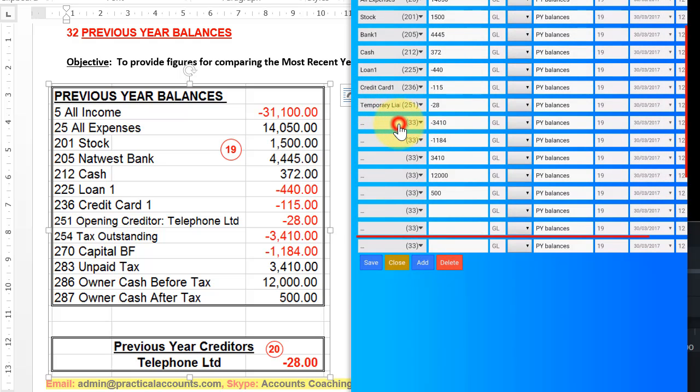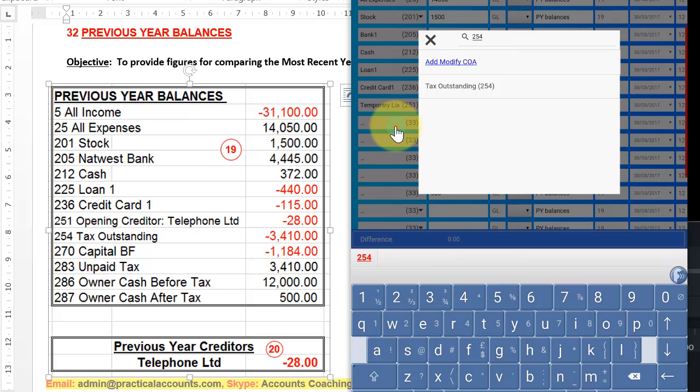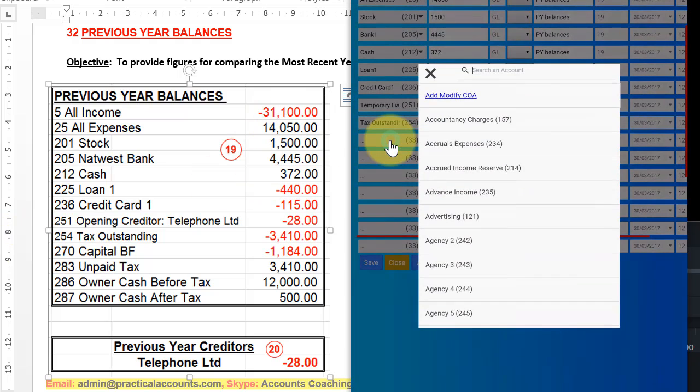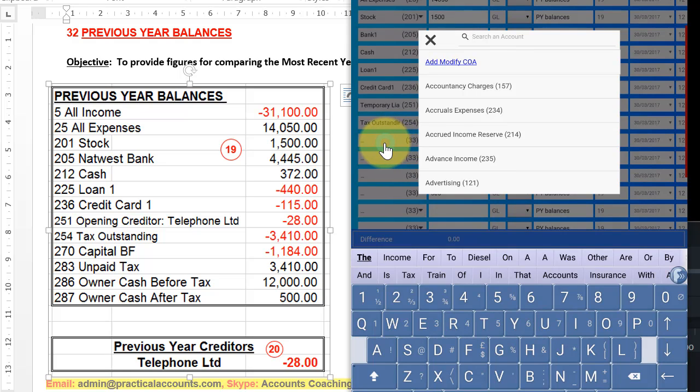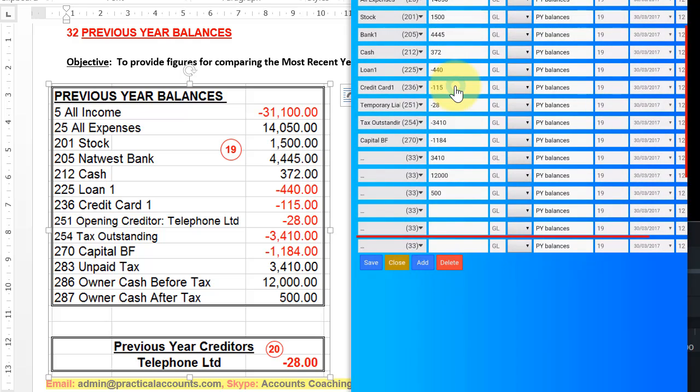And then 3410 is 254. Oh God, we made a mistake. Okay, we'll adjust it after this. We have 254. And after this, 1184 is on account 270. And then we have 283. Now 283 is blank.